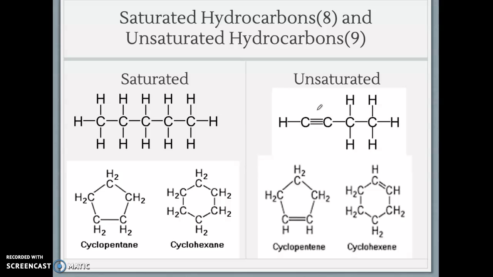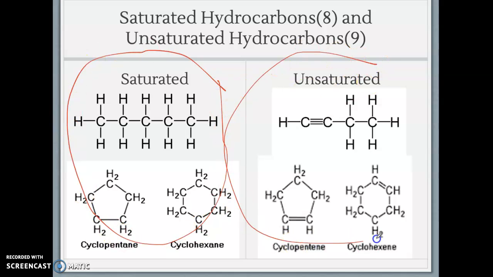And if you look at saturated and unsaturated, again, what do you notice about everything on the saturated side, which is number 8, and the unsaturated side, number 9? Well, on the saturated side, I only see these single lines between things. And on the unsaturated side, sometimes I see 3, sometimes I see 2. This is called a single bond.